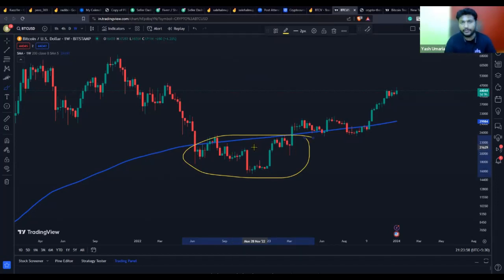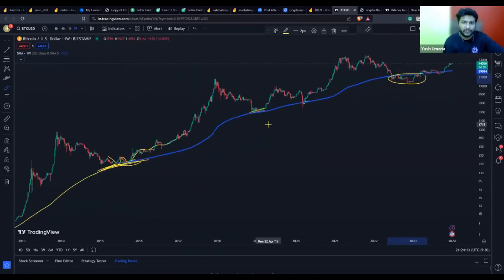When the price of BTC was below the 200-week moving average, that was the best time to invest in any cryptocurrency. I'm not just talking about Bitcoin, but any cryptocurrency you could have invested in. But the 200-week moving average is not that important for a trader, but it is important for an investor.